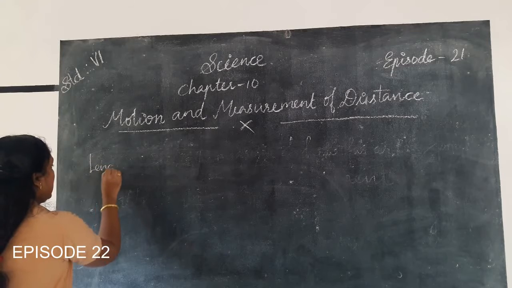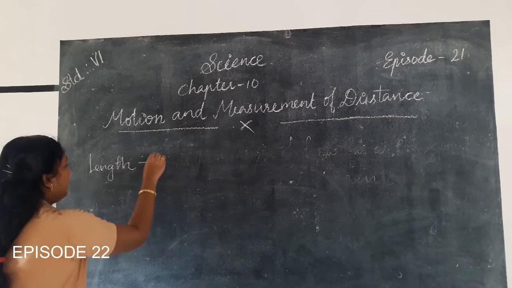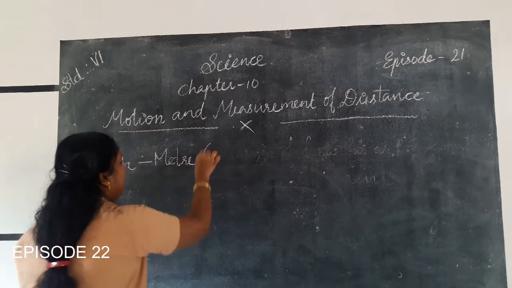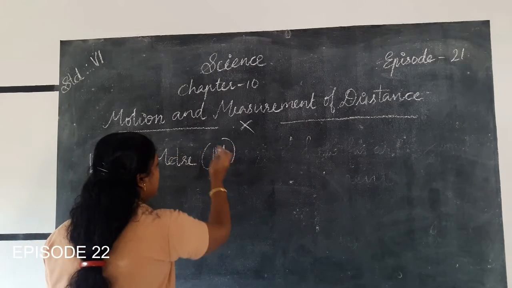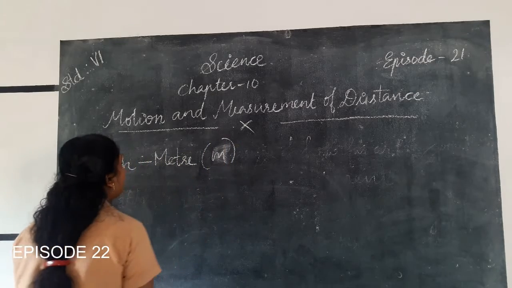The SI unit of length is meter. It is denoted by the symbol, not capital M, but small m.